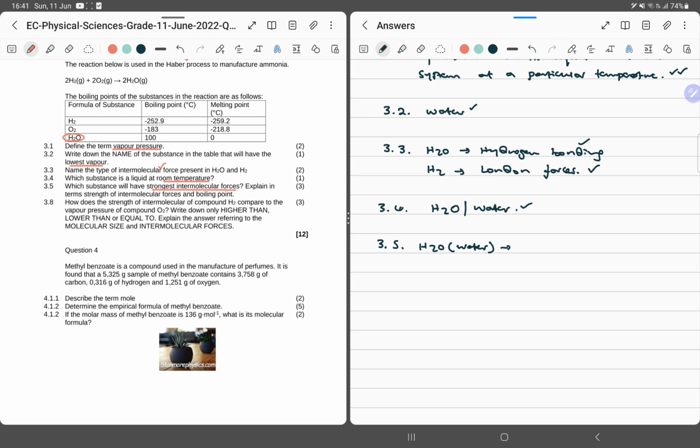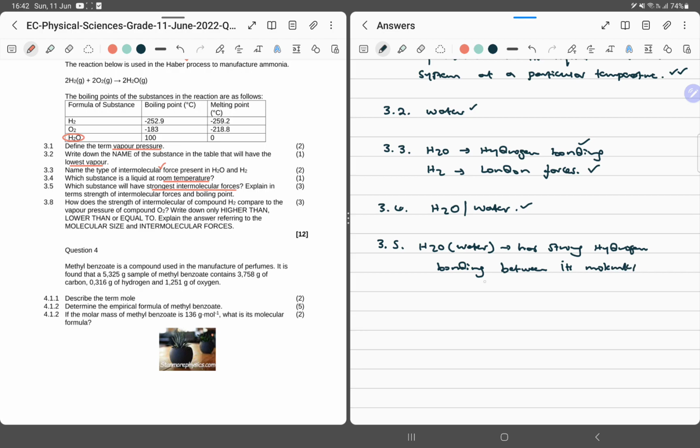Okay, because this one has strong hydrogen bonds between its molecules.